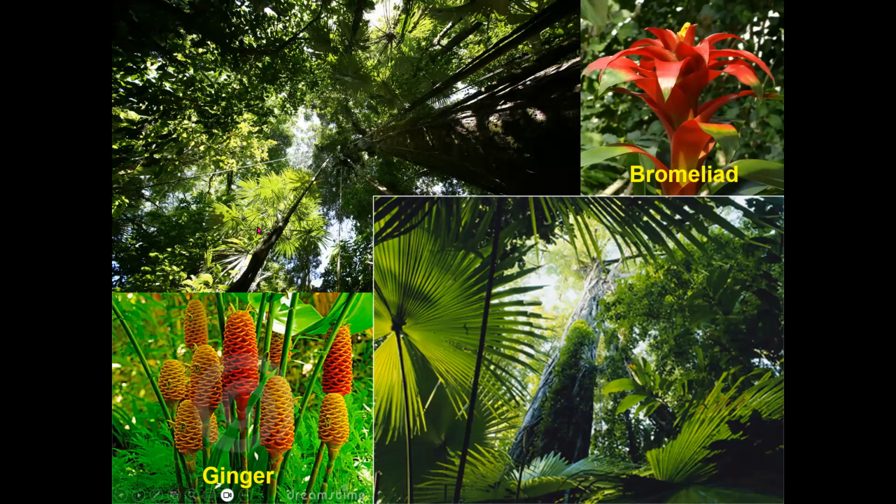If you look at this, this is a jungle somewhere. When I look for photos, it usually doesn't say where the place is, but you can see the density of the plants looking up. You get a little bit of light coming through, but direct sun is rare, and this one is similar. I don't know if you know what the ginger plant looks like, but this is it here.